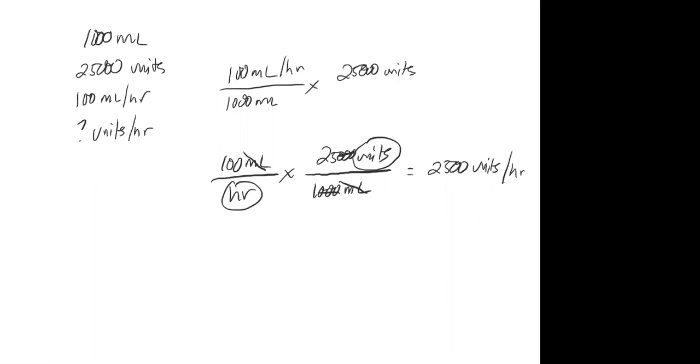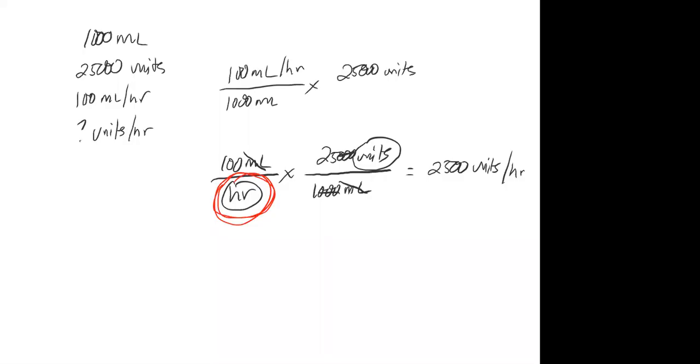And just as a theme, I've always said flow rate times whatever, drop factor, or just to get in the habit of writing out your flow rate first. So I start with my flow rate, and then because I want units per hour, that's where I say units goes on top, because that's what I'm looking for, and then what you're getting rid of goes on the bottom, essentially.